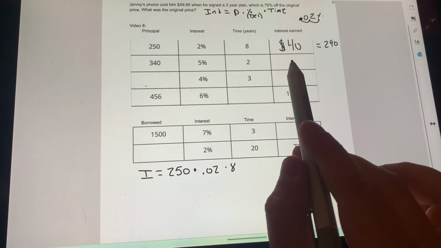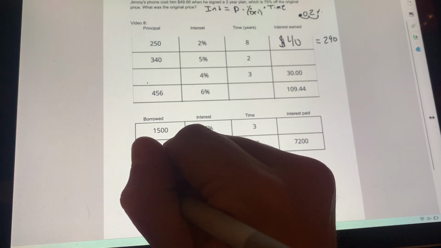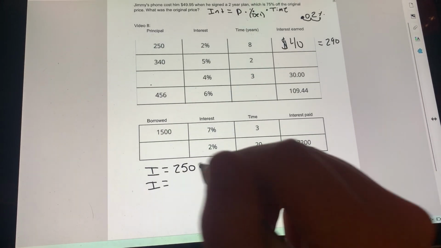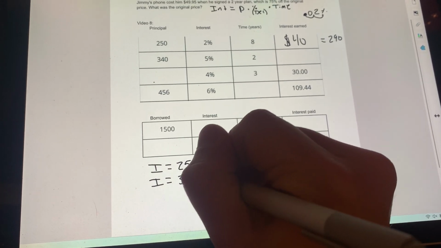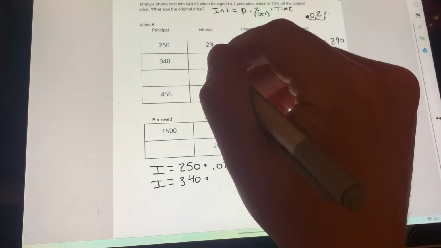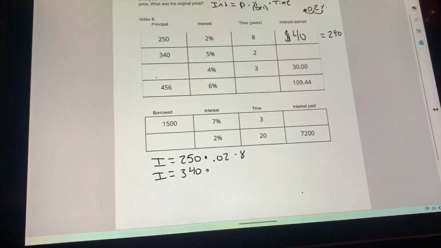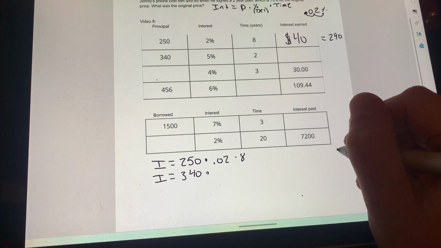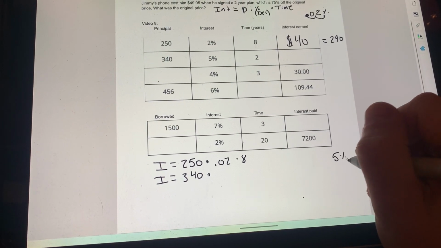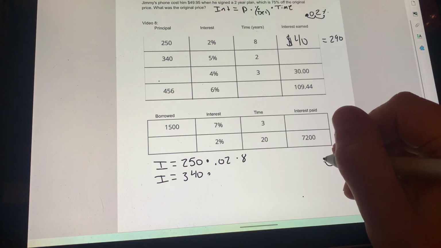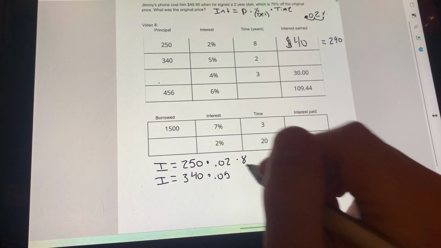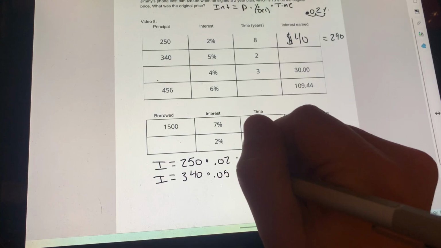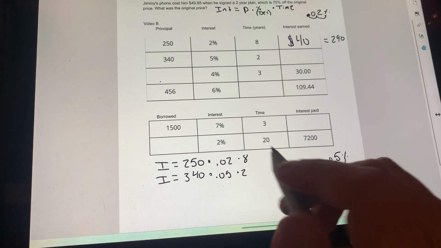The second one, we're missing the interest again, so it's going to be the exact same way. So interest equals, and then my principal. So I started off with $340, multiply that by 5%. So if I do this again, 5%, move it over twice, 0.05, my bad, times the 2 years that it is in there.